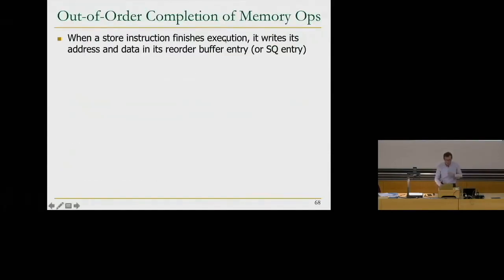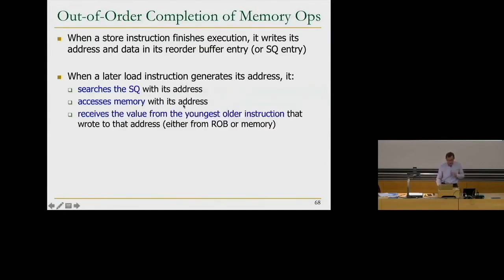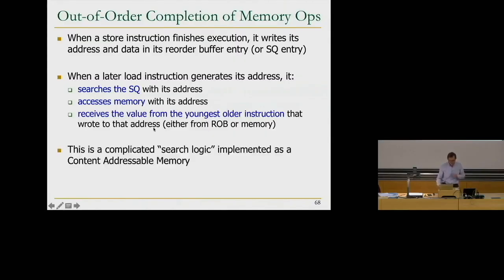So when a store instruction finishes execution, it writes its address and data in its reorder buffer entry or the store queue entry. When a later load instruction generates its address, it basically searches the store queue with its address. So we're going to look at how bad that search is. And it accesses memory with its address. And it receives the value from the youngest older instruction that wrote to that address, hopefully.